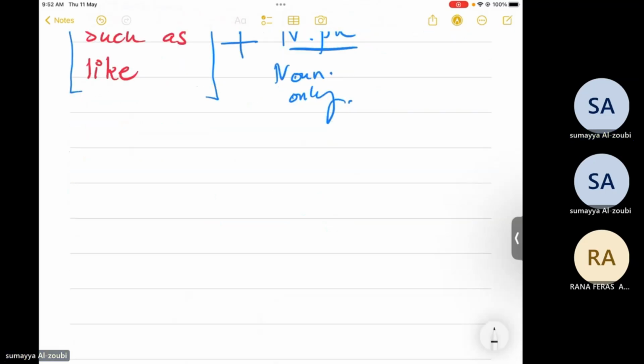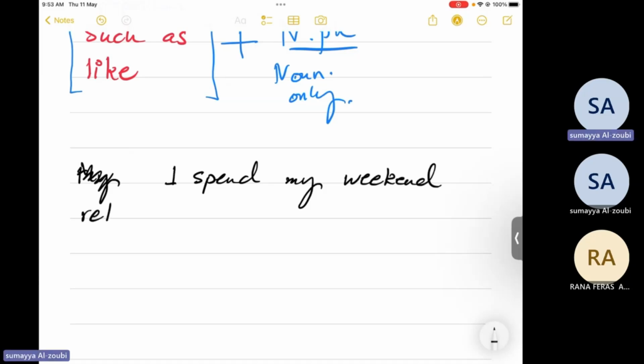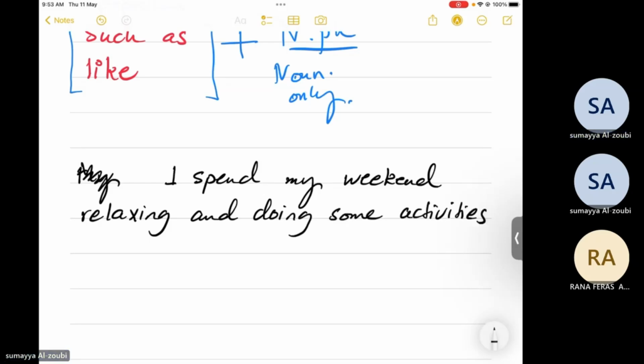Look here. I spend my weekend relaxing and doing some activities at home. Look here how you may complete or follow this sentence.